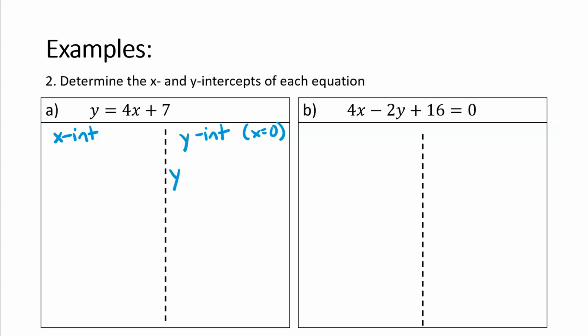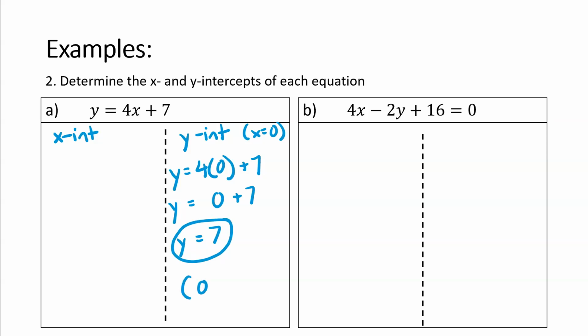So all we'll have to do is figure out the y value when the x value is 0. So y in this case equals 0 plus 7, so y equals 7. So your y-intercept is y equals 7, or as an ordered pair, you can say that it is (0, 7).